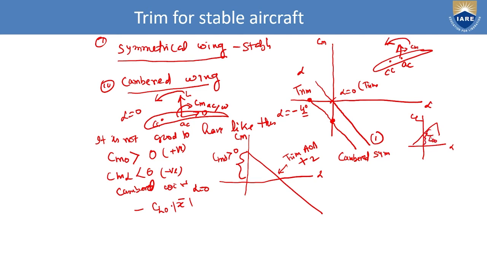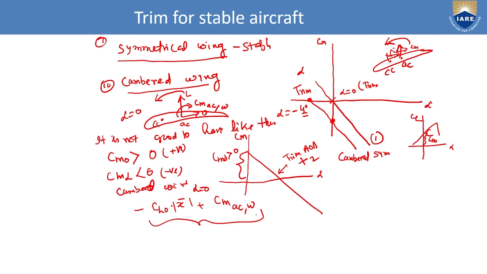Okay, so this CL naught into this X, this is the X bar. So this is the moment in this direction, so it is minus, plus this Cm alpha, Cm AC of the wing. This is the total moment at 0 angle of attack. At alpha is equal to 0, you will get the moment.